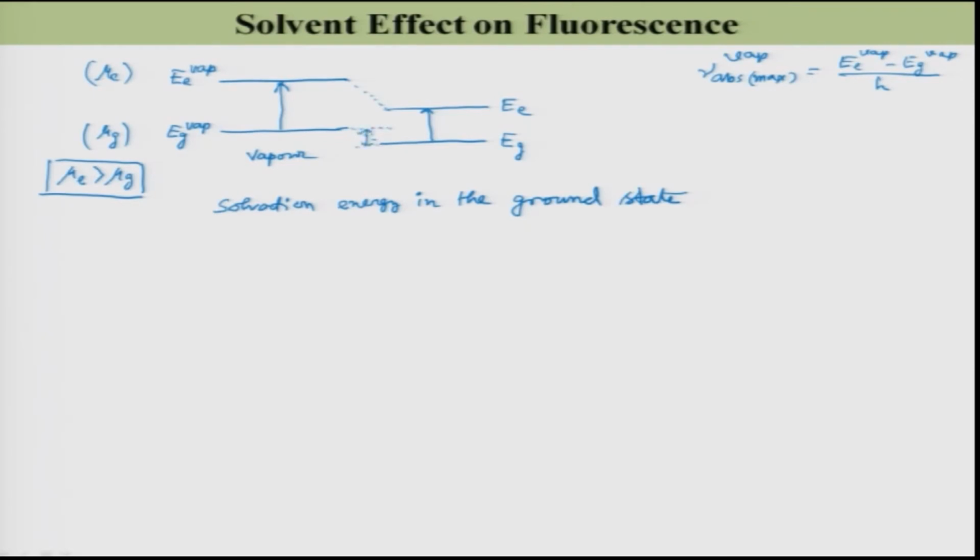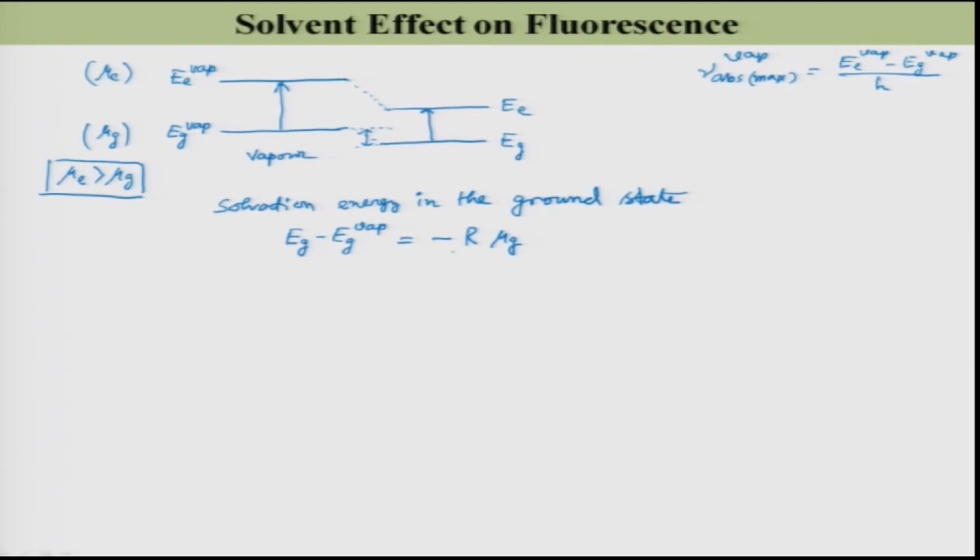It is nothing but E g minus E g vapor, and this will be equal to minus R into the dipole moment of the ground state, because the solute is in the ground state. So, minus R into mu g.